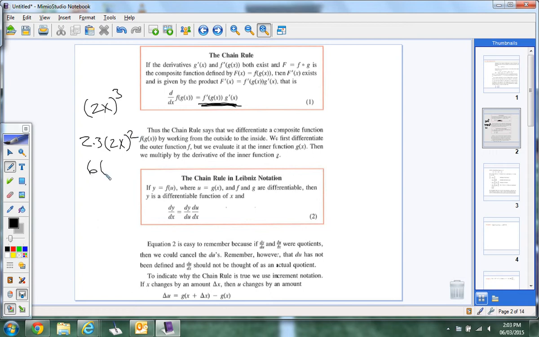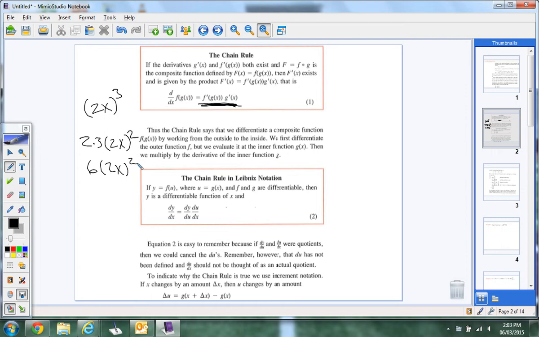So it'd be 6, (2x) to the 2. So derivative of the outside times the derivative of the inside. The chain rule comes from stuff with an exponent in a bracket. You take the derivative inside the bracket, and then take the derivative of what it would be if this was a whole function. That's the idea.